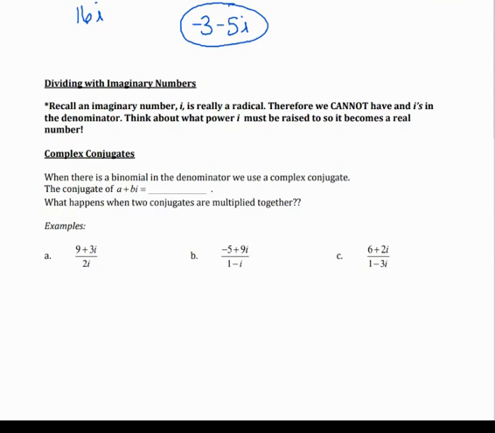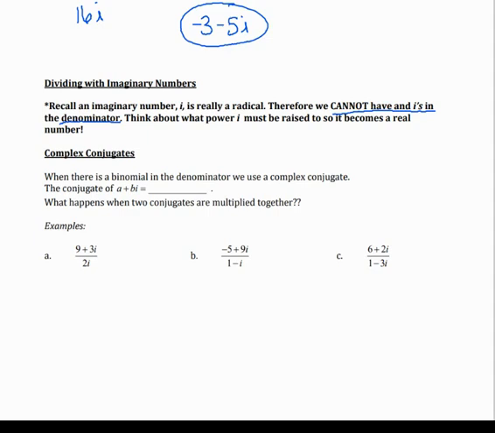Dividing imaginary numbers. When I'm dividing imaginary numbers, what we need to remember is that i is really the square root of -1. And we never want radicals in the denominator. So that means we cannot have i's in the denominator, because an i is the square root of -1.